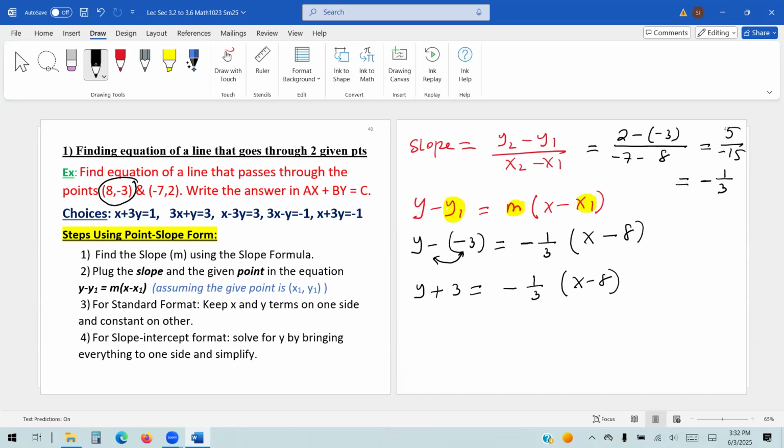Before going any further, what do we hate here the most? The 3 on the bottom, right? We don't like fractions. So what can you do so your 3 from the bottom will disappear? Multiply. And you cannot multiply only one side, right? You have to multiply this side and this side, both sides.